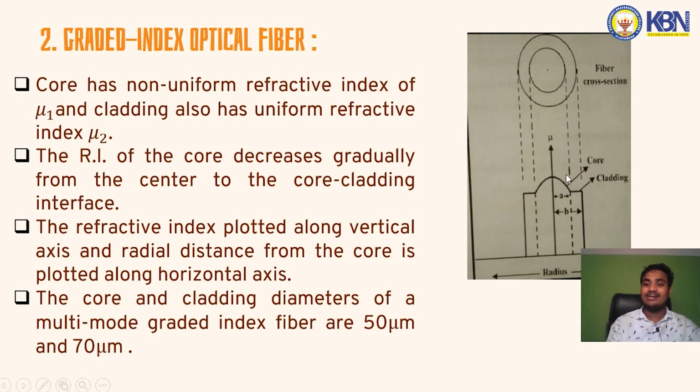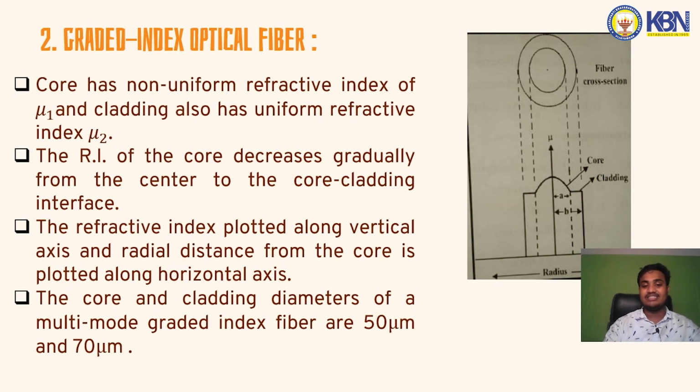The refractive index is plotted along the vertical axis and the radial distance is plotted along the horizontal axis. The core and cladding diameters of multi-mode graded index fibers are 50 micrometers and 70 micrometers.